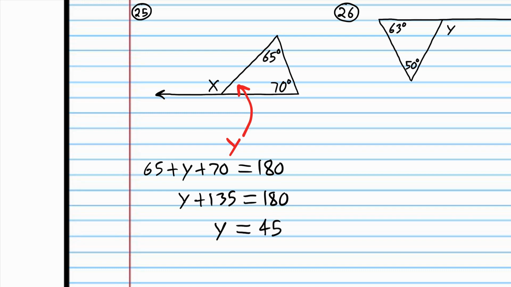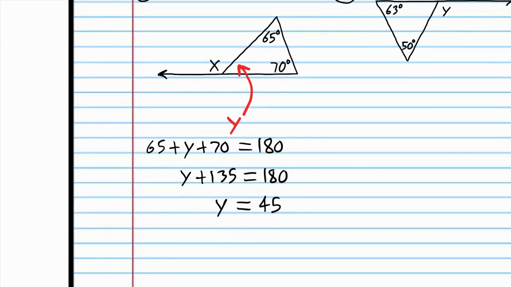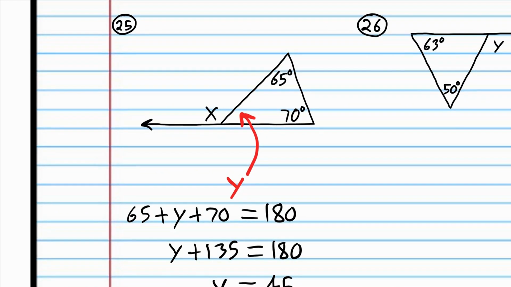So we know that this angle, this y, has to be 45 degrees. And so if that angle is 45 degrees, then we can figure out this angle x pretty easily, because if you notice, these two angles form a linear pair.